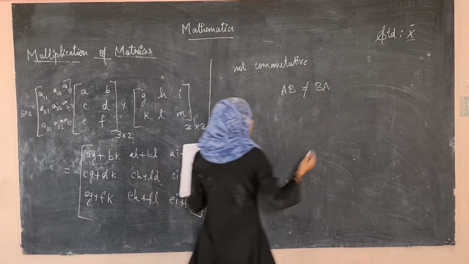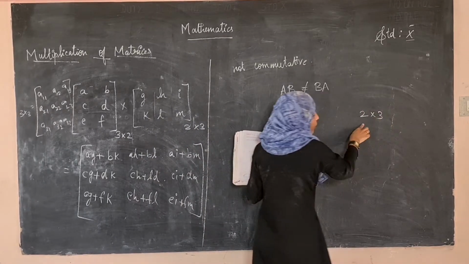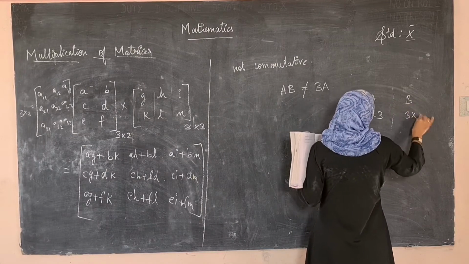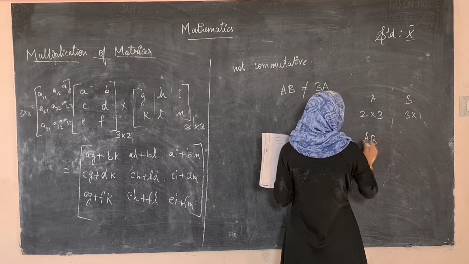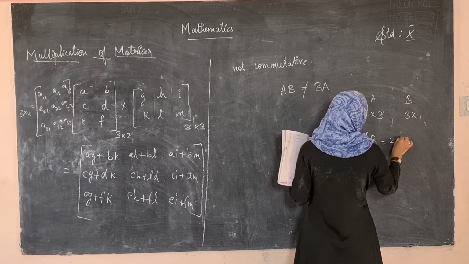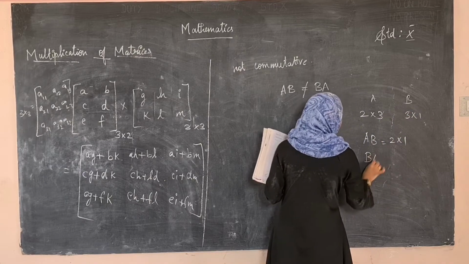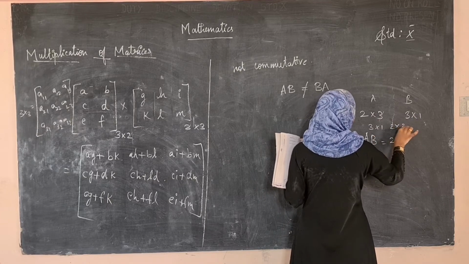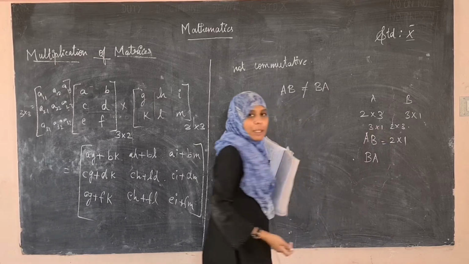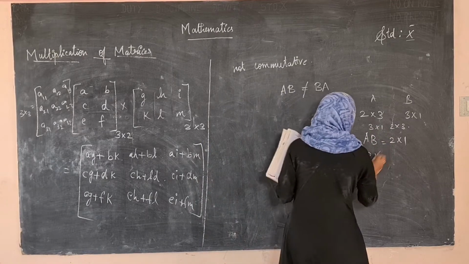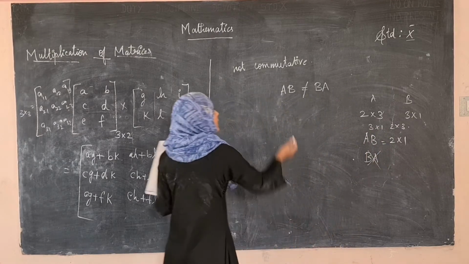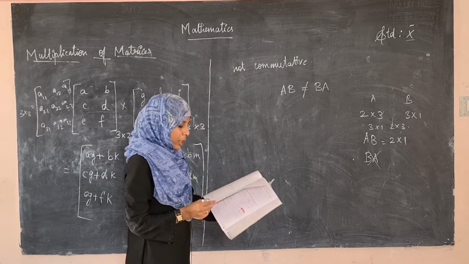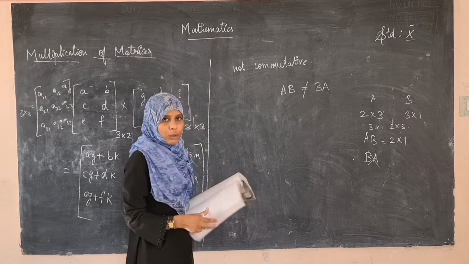See here, if A is of order 2 cross 3 and B is of order 3 cross 1, what is the order of the matrix AB? It is 2 cross 1. What is the order of the matrix BA? BA means B should come first: 3 cross 1, 2 cross 3. Is the multiplication possible? No, this is not possible. Therefore, we can surely say AB is not equal to BA. That is, matrix multiplication does not follow the commutative property.